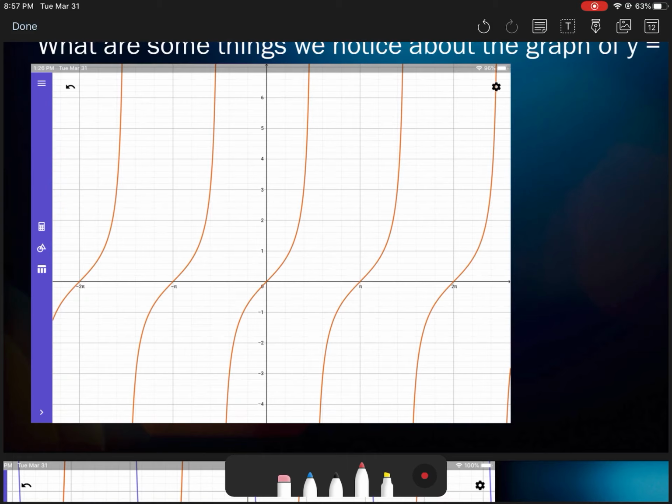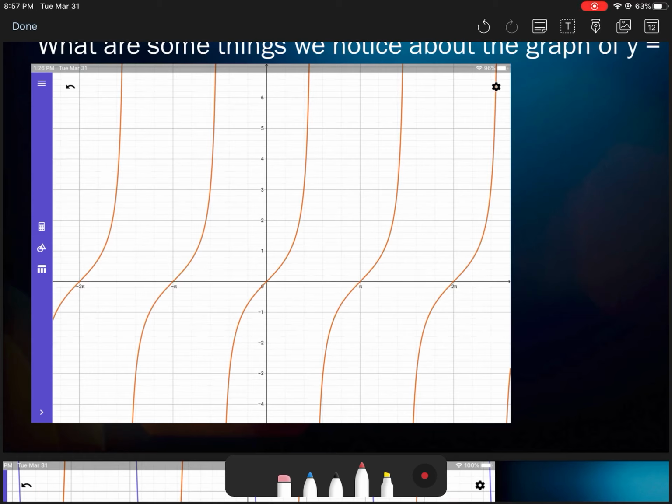Very different from sine and cosine because we don't have a continuous graph. We have what looks like this because we have those asymptotes. So the regular tangent of x has asymptotes all of its own, and again, it's where the tangent is going to be undefined, and that's going to be where cosine is equal to 0. So wherever cosine is 0, you're going to get the tangent to be undefined.